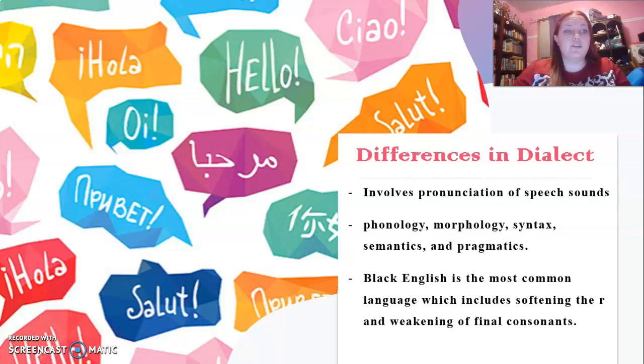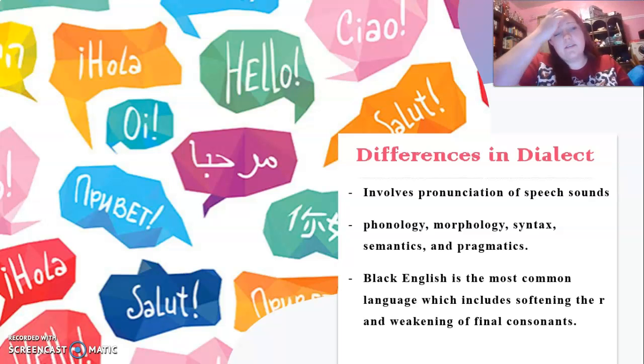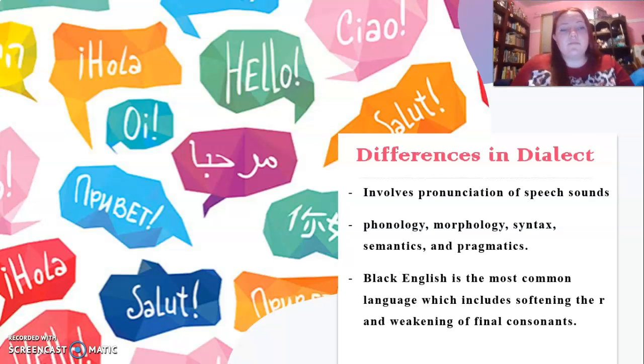Something that caught my eye in the chapter is that it's different than slang. Slang is what students use today. I've used slang, I know, and this is completely different than dialect because the students understand the English language.